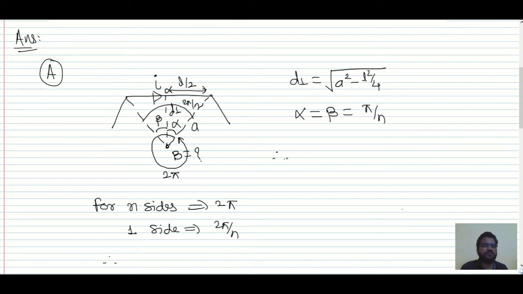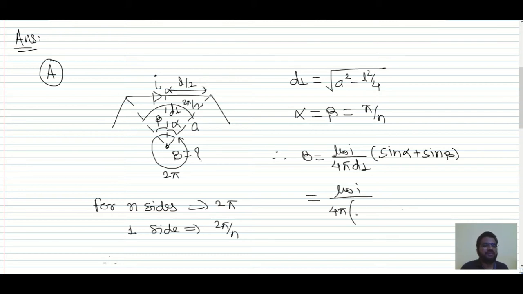So therefore put in the formula, magnetic field is equal to mu naught I divided by 4 pi d perpendicular into sine alpha plus sine beta. Now which is equal to mu naught I divided by 4 pi. What is d perpendicular over here?